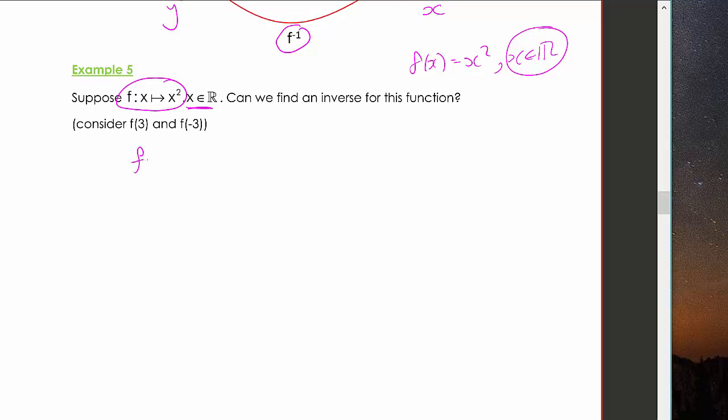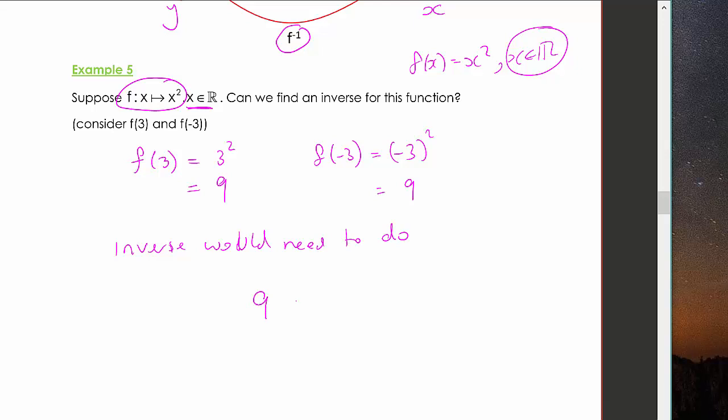Well, if we do f of 3, we know that that's 3 squared, which is 9. If we do f of negative 3, that's negative 3 all squared, which is also 9. So an inverse would need to do the following.